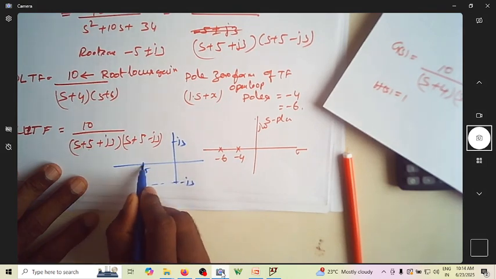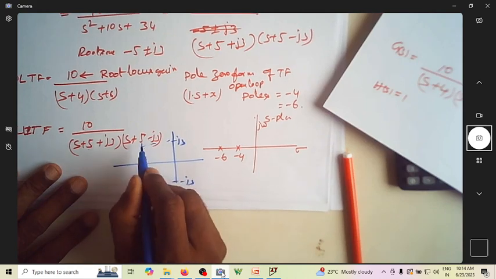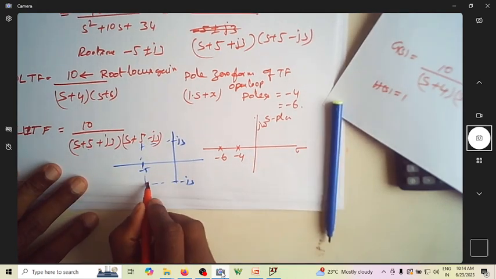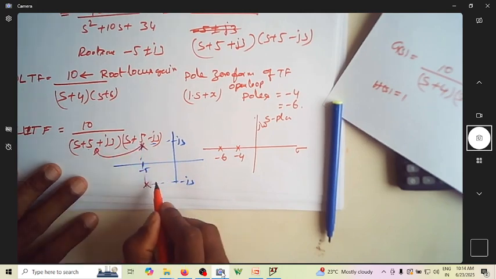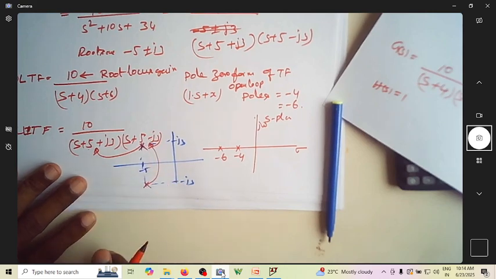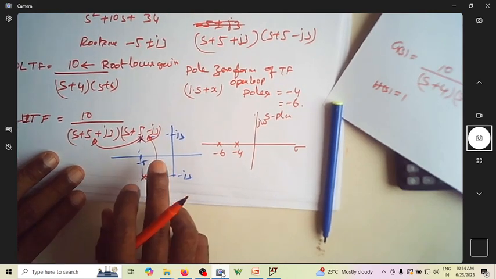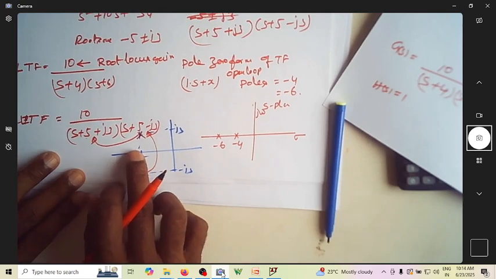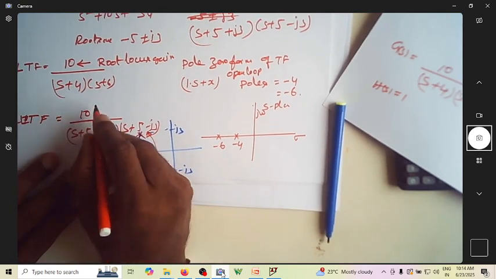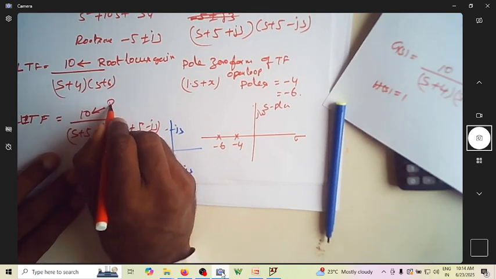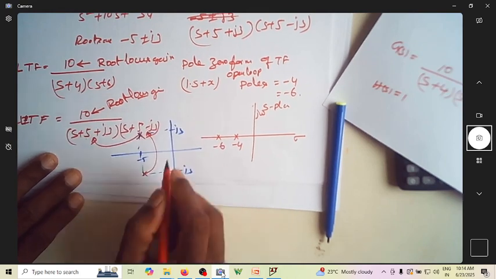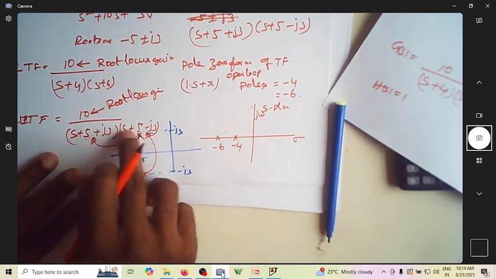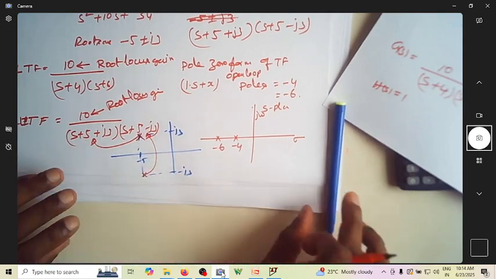The coordinates of these two will meet here, and this is the pole position. This pole corresponds to this, so that's how you represent the closed loop poles, with A again as the root locus gain.